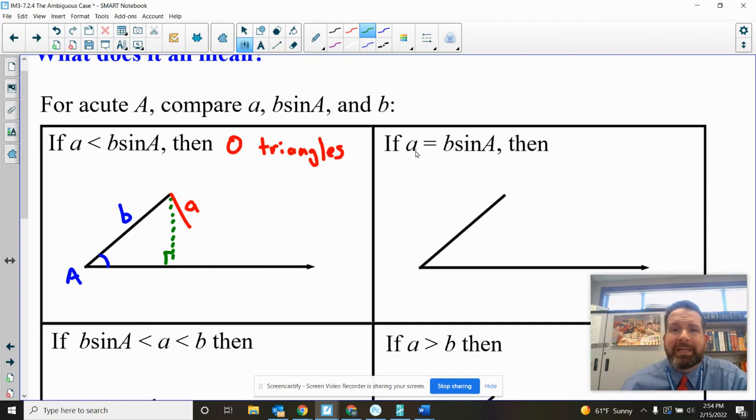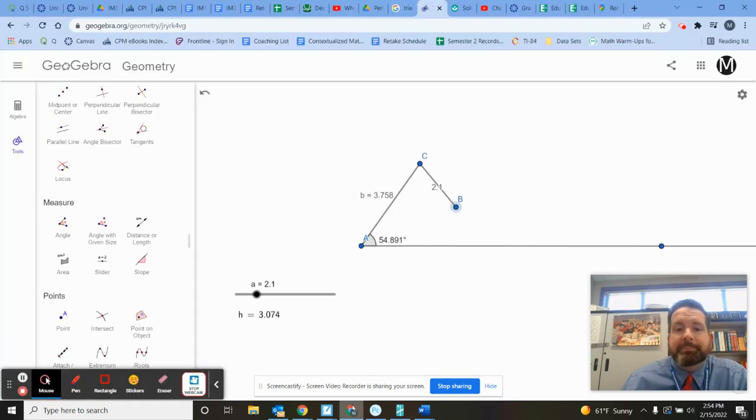What if this opposite side A is equal to B sine A? So here we go. This time I'm going to make it equal to B sine A. So that would mean that it's going to be exactly the length here of this green segment. So I'm going to try to make it as close as I can. That's about as close as I can get here with the slider. And what you should see is that, look at that.